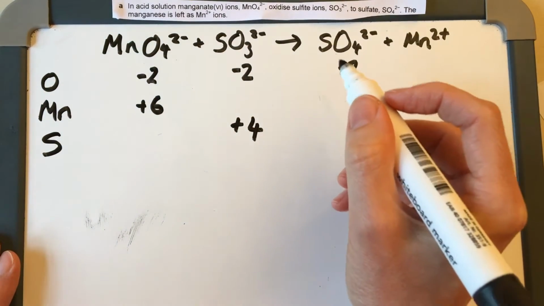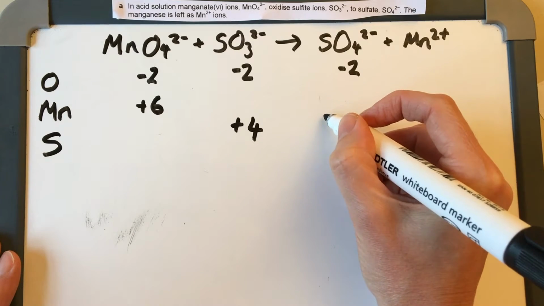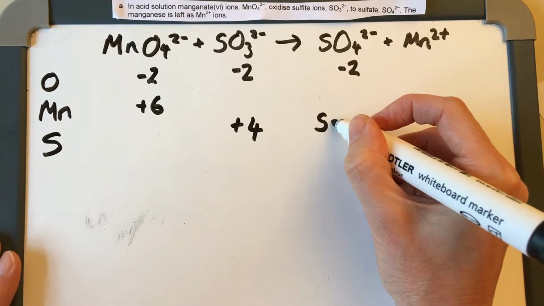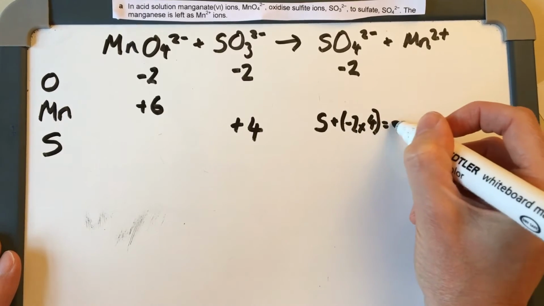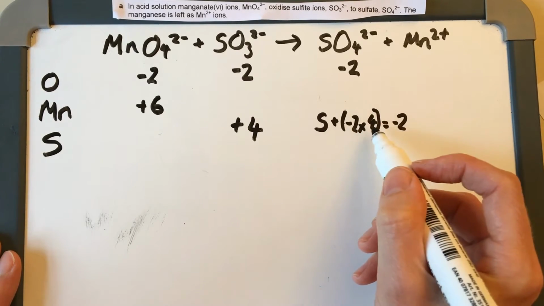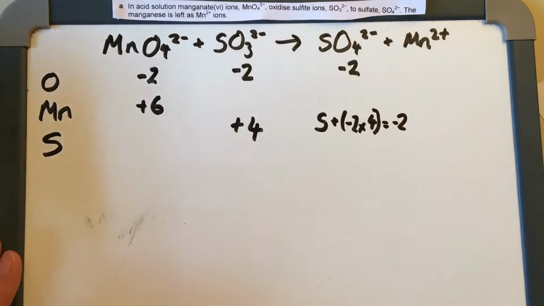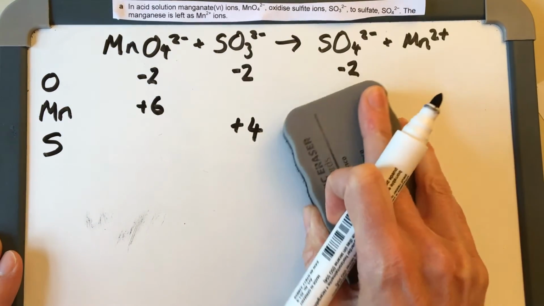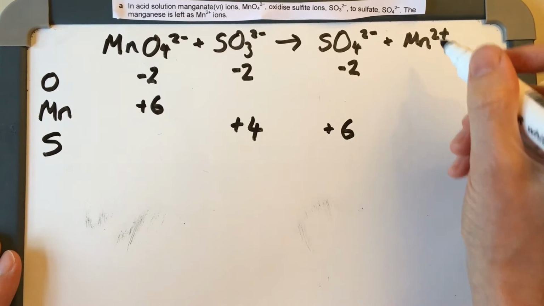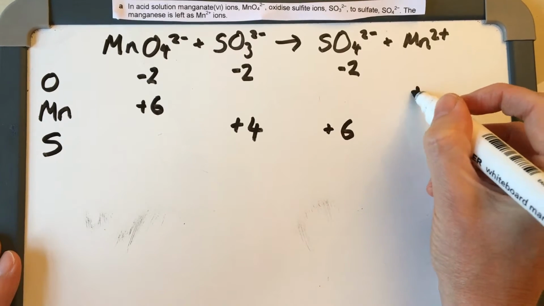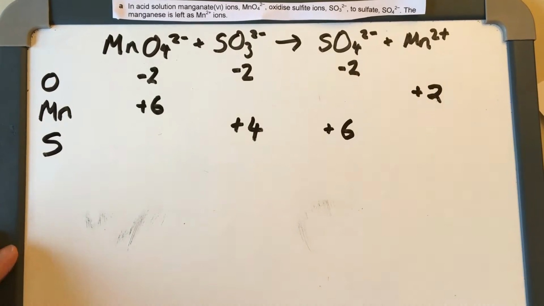Over on this side with the sulfate, similar procedure, sulfur plus -2 times 4 equals -2. So sulfur -8 equals -2. So your sulfur must be +6, and the manganese is a straightforward ion here, so it must be +2.